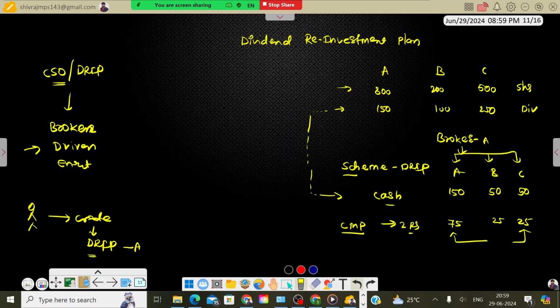Those shares may be allocated to shareholders. This is one way, or the broker can separately maintain it and buy and sell accordingly, as per the investment plan.